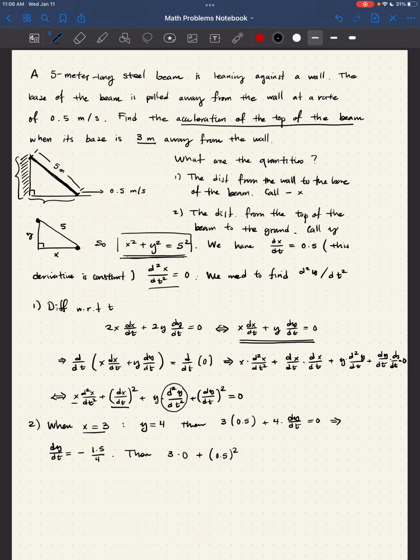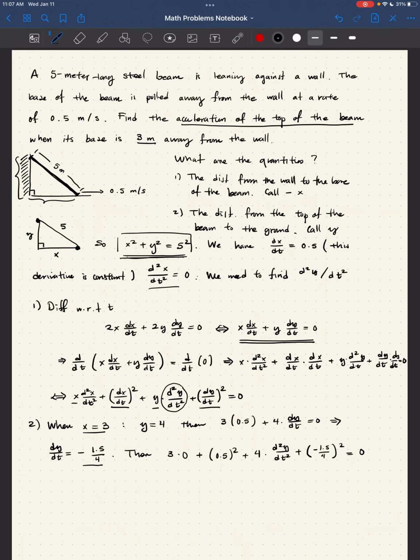That's what we have from here. Plus y, which is 4, times the second order derivative of y with respect to t, plus this one which we computed, equal to 0.